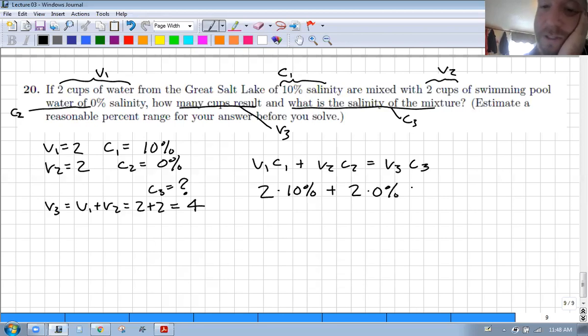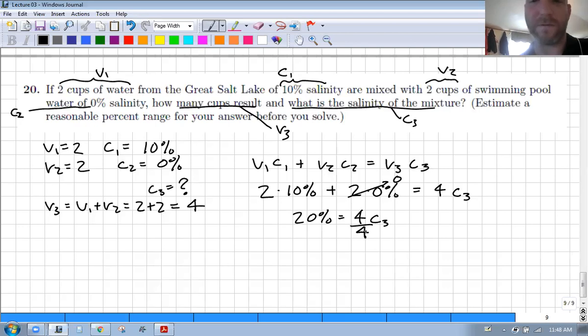C2 is 0%. V3 is 4. And we don't know what C3 is. So that's our setup. This is just 0. So 10% times 2 is 20%, which equals 4 C3. To get to the C3, we divide both sides by 4. So C3 is 20 divided by 4, which is 5%.